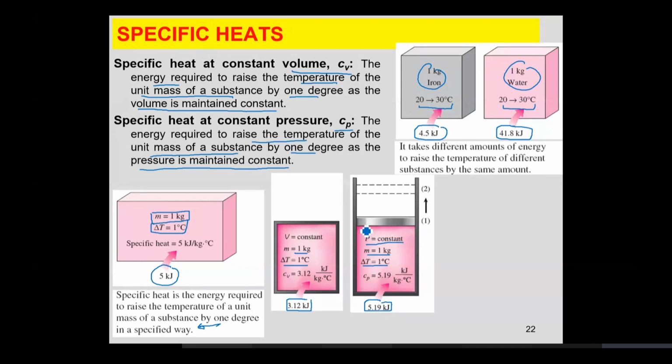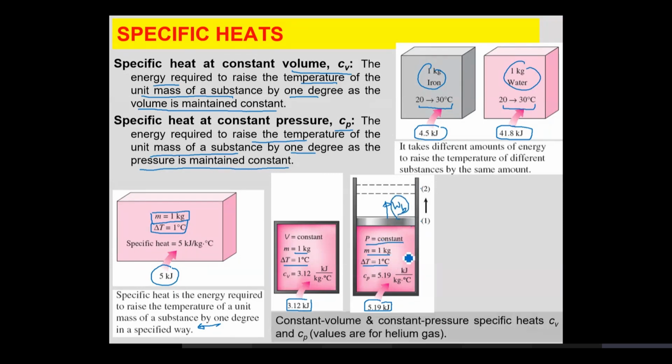Why? Because in order to keep the pressure the same, your piston would move from 1 to 2. So there would be some boundary work associated with the constant pressure process. Now this is basically CP, the constant pressure specific heat, and this is your CV, the constant volume specific heat. Again for the helium gas.